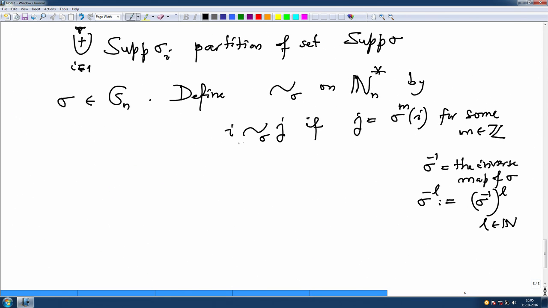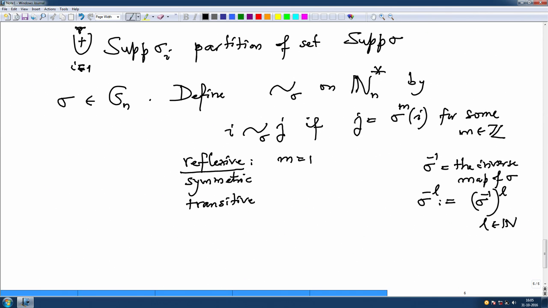And now let us check that this is an equivalence relation. What do we have to check? We have to check three things: reflexive, symmetric, and transitive. To check reflexivity, you have to check i is related to i, but I will take m equal to 1.